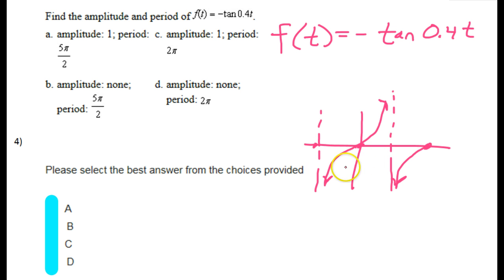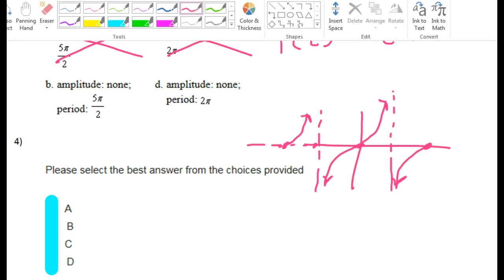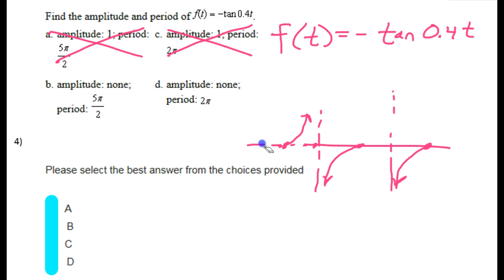So the point is that tangent functions have no amplitude because they go up forever and they go down forever. So these two choices that say amplitude 1, those are automatically wrong because tangent has no amplitude. So we've narrowed it down. We have a 50-50 chance. So now we just have to talk about the period.